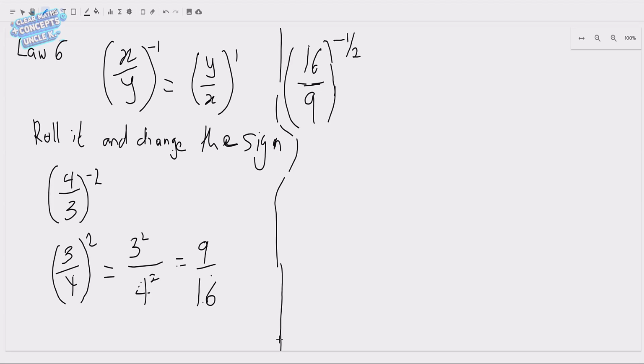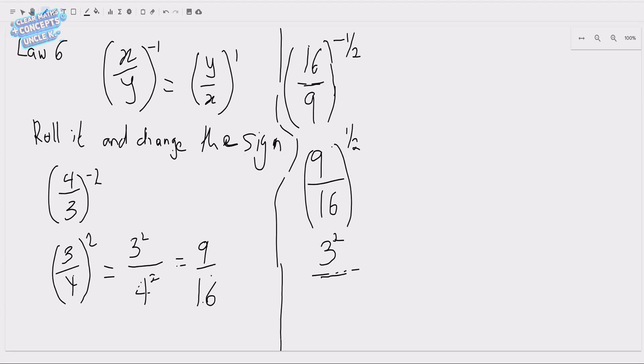So let's do that. So you have 9 over 16 raised to the power of 1 over 2 now. So the sign will have changed. So that means now we can write 9 as an index of 3, right? 3 raised to power 2.